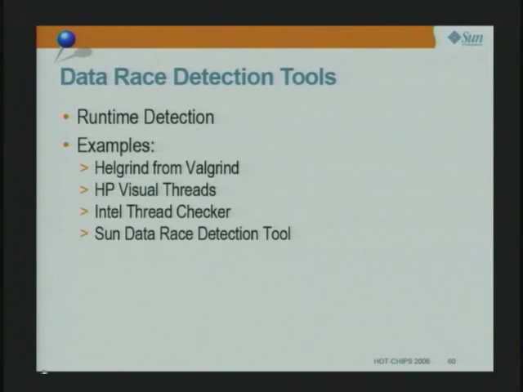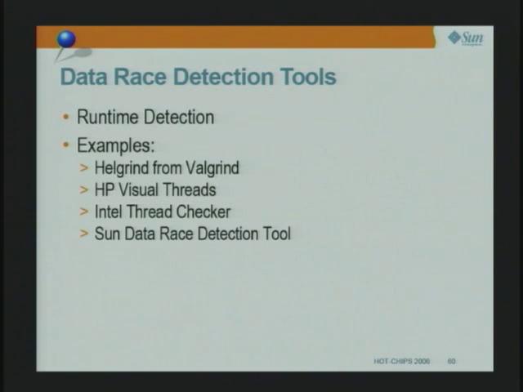So another class of detection tools is runtime detection. I listed here the ones that are available today, mostly commercial products, not including research work. Helgrind from Valgrind, which is available on x86 platform, is an open source tool.